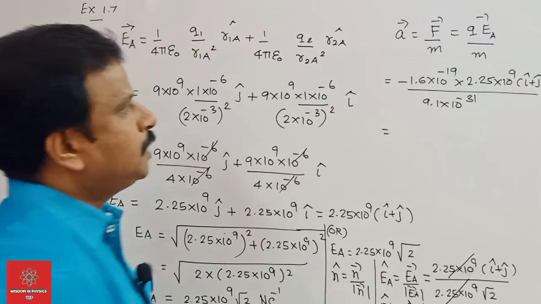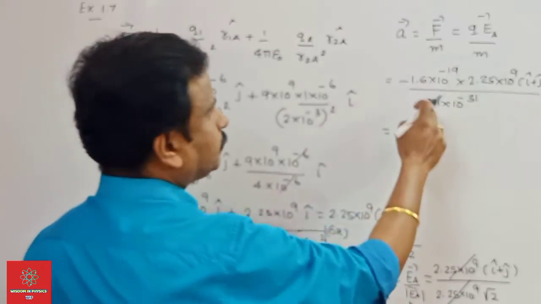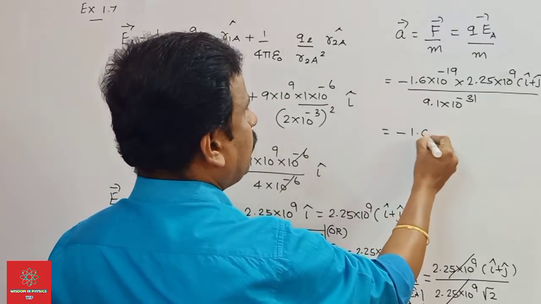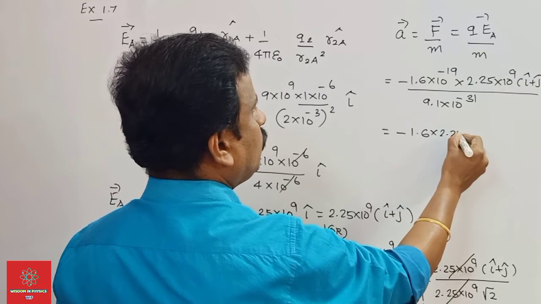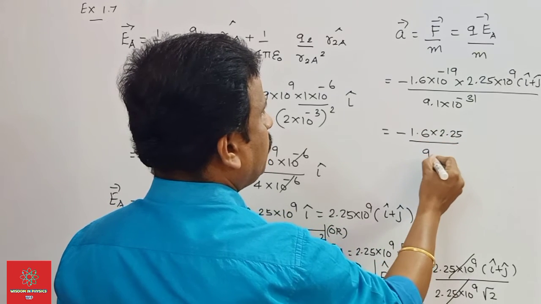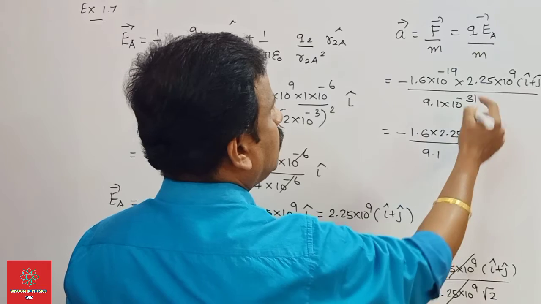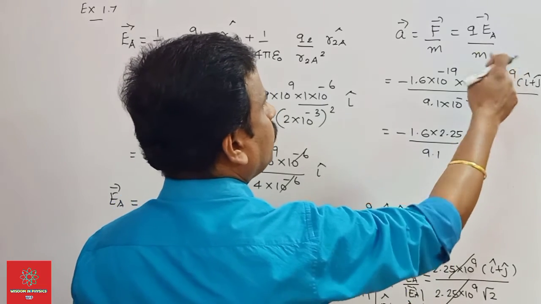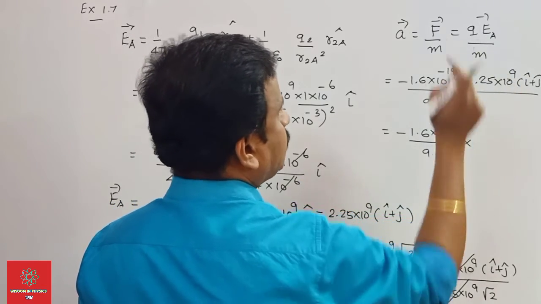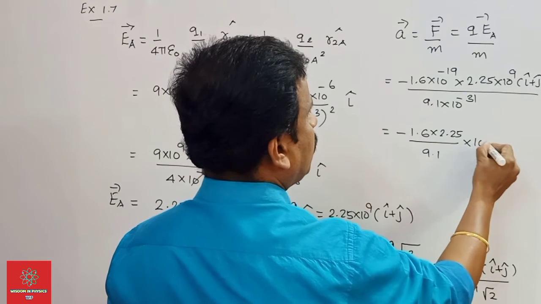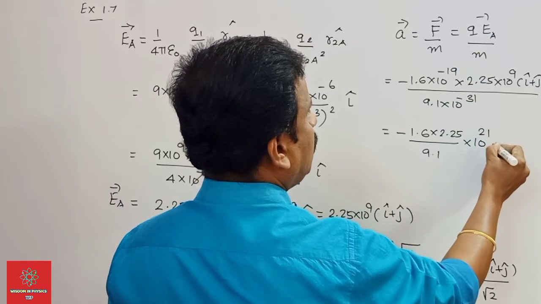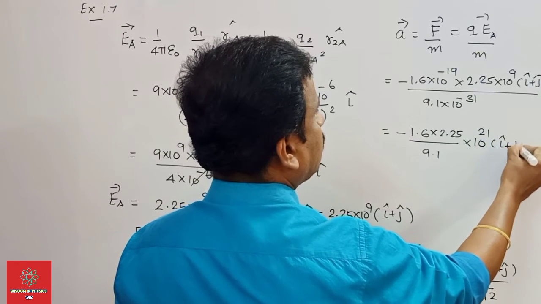Okay, so if you simplify this, you will get minus 1.6 into 2.25, divided by 9.1, and the powers give 10 to the power of 9 minus 19 minus (minus 31), so 10 to the power of 21 into I plus j, right?